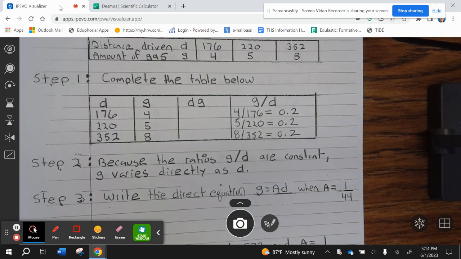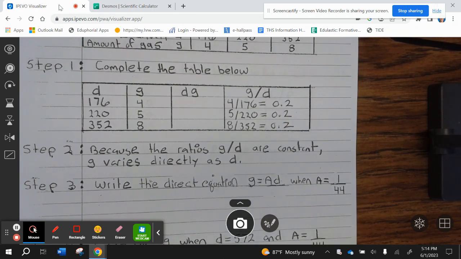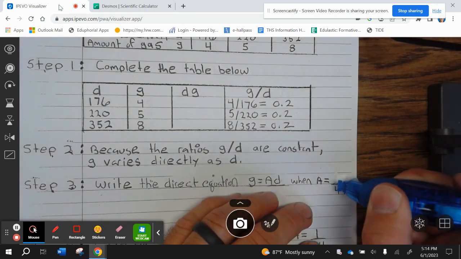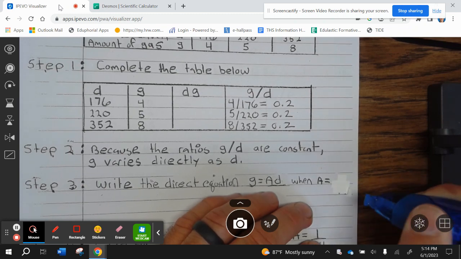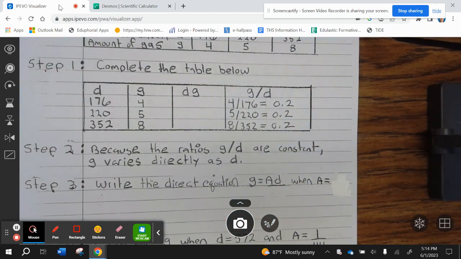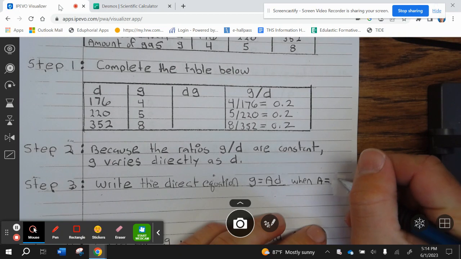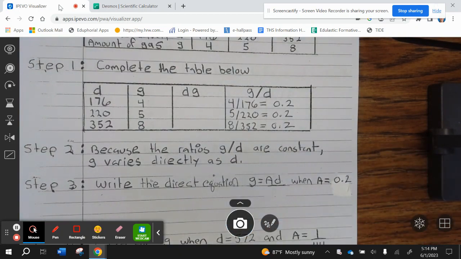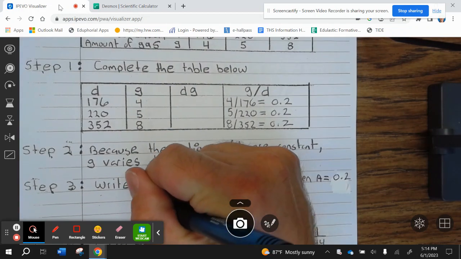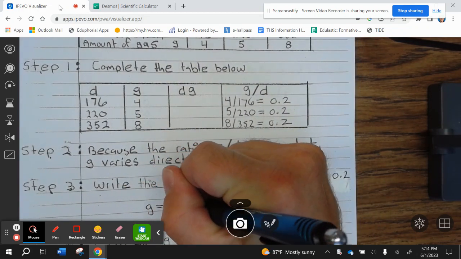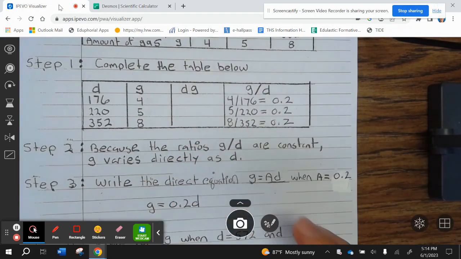Write the direct variation equation g equals a times d, where a, let's go ahead and change that to 0.02. So g equals 0.02 d.